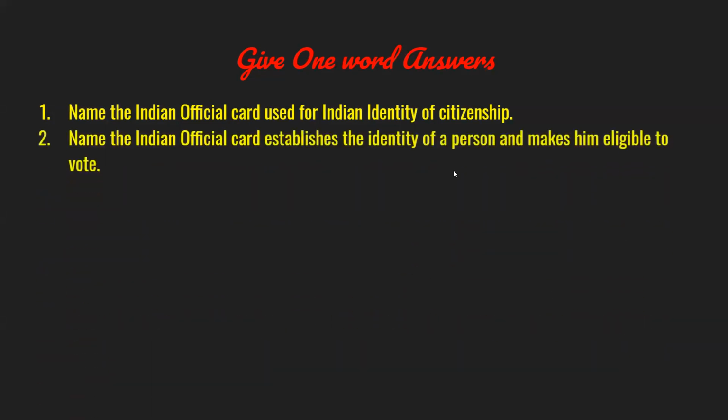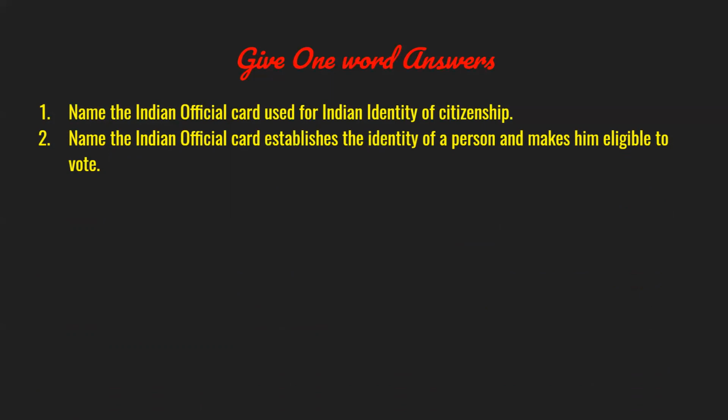Here is the number 2 question. Name the Indian official card that establishes the identity of a person and makes him eligible to vote. For voting, to cast the vote, which card is issued by the government officials?